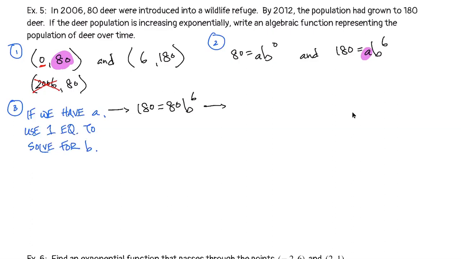All right, so I'm going to do 180 divided by 80 equals B to the 6th. And then perfect. We're going to take the 6th root. So B equals, I could write 180 over 80. If I wanted to write it as a power, what would the power be? 1 over 6. Yes, perfect. 1/6.